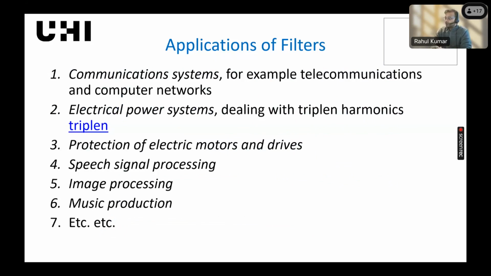We also have something called triple-N harmonics. You can read about them using this link. Filters are used to protect components such as motors, in speech and audio processing, image processing, and music production.